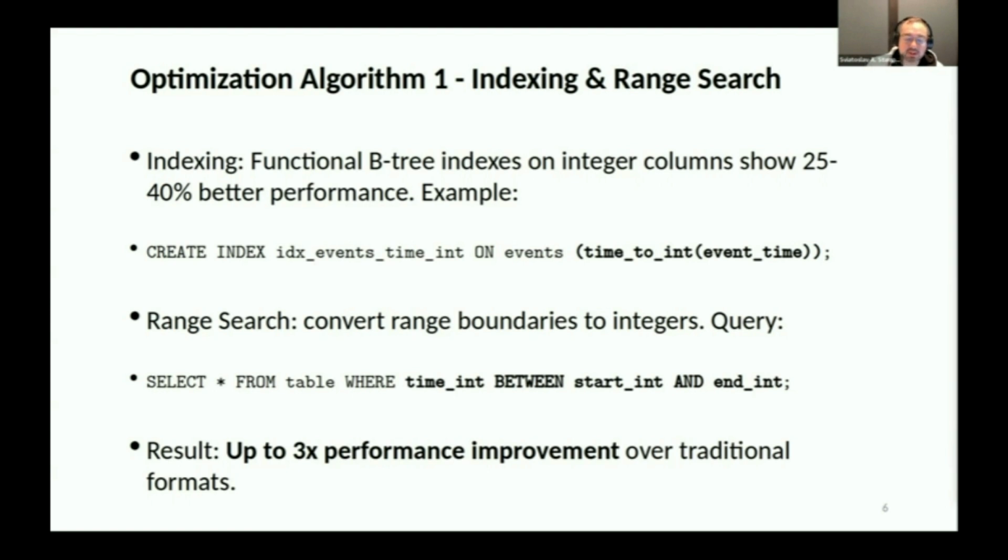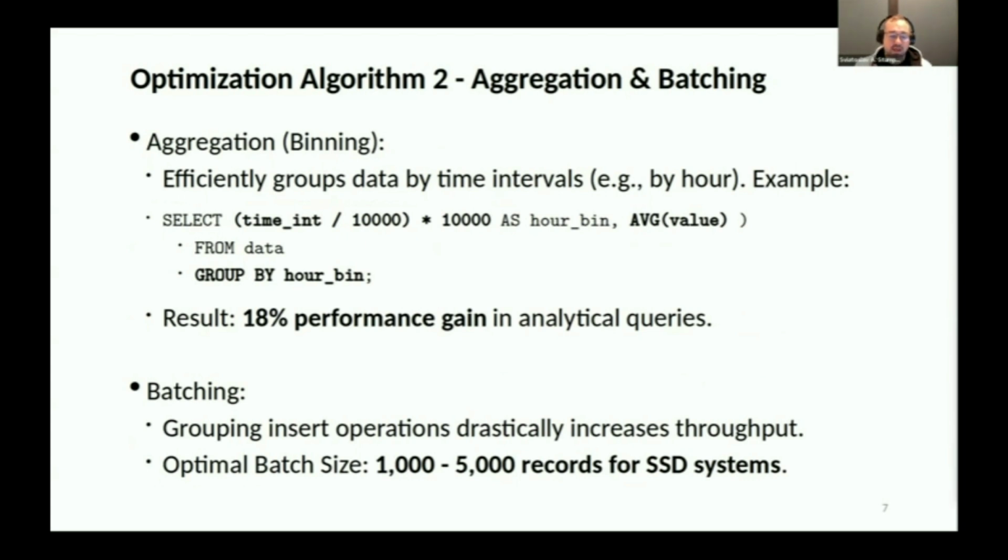These are simple implementations. Where to go then? Aggregation. You may aggregate by integer bins. You start with a bin, you get a 10 to 20% performance increase using bins based on integers.